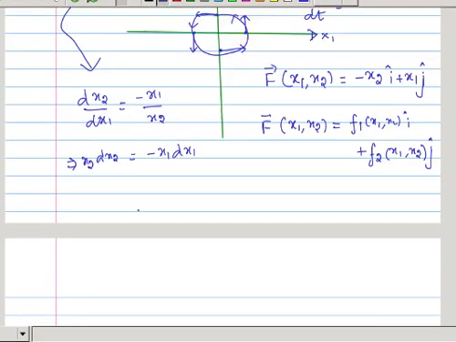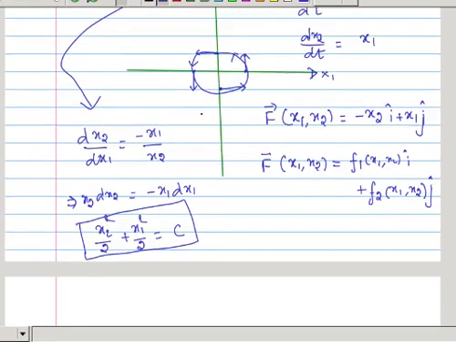Integrating, x2 square divided by 2 plus x1 square divided by 2 equals some constant. Correct? This is the equation of a family of circles. That is how we get the solution.